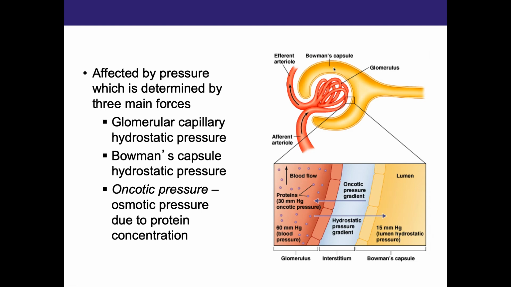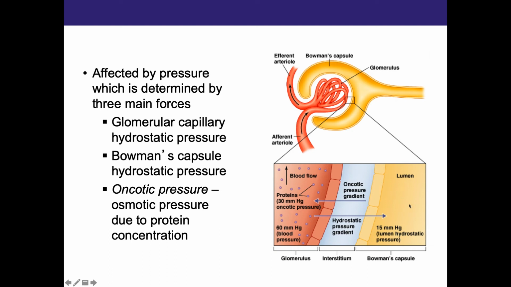So here's the glomerulus again. We have the glomerular capillaries, and here's the glomerulus itself and Bowman's space, okay? So here's a little box right here. This is what we're zooming in on. We're zooming in. This reddish portion is what's happening inside the capillaries.